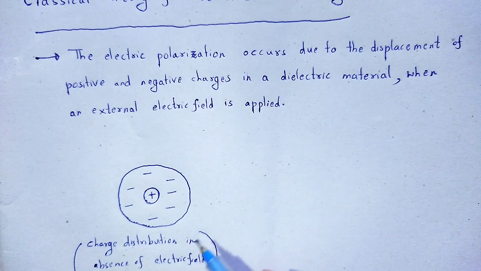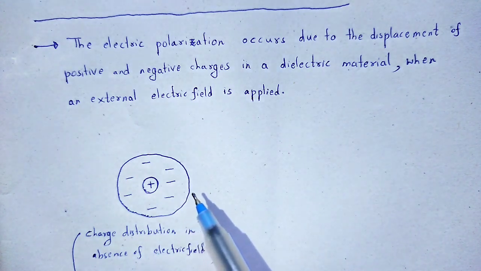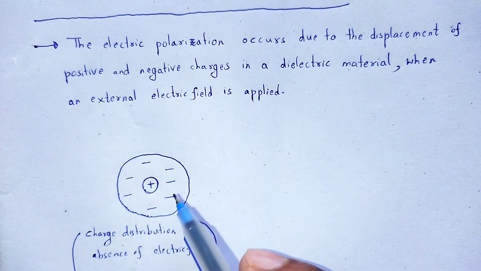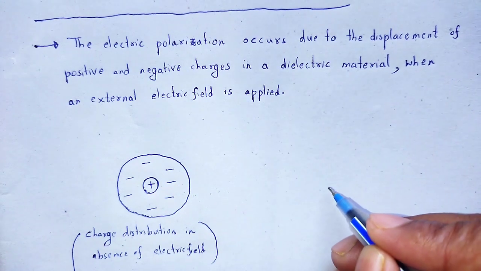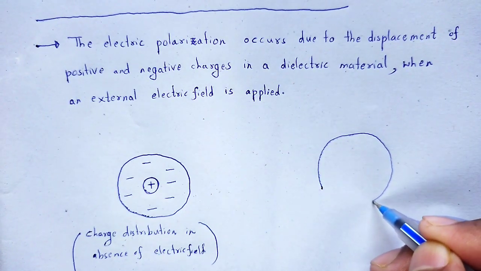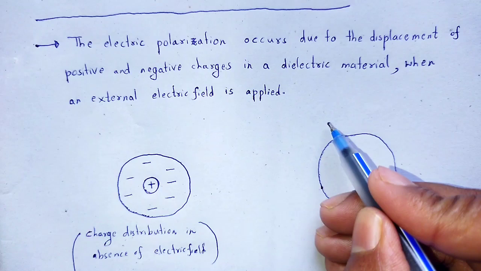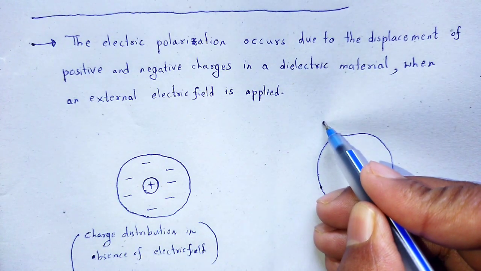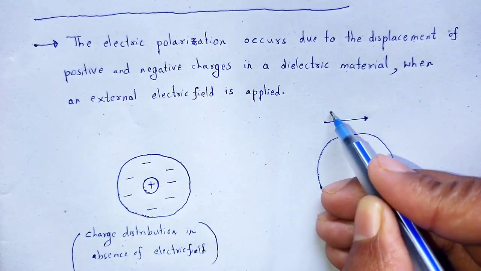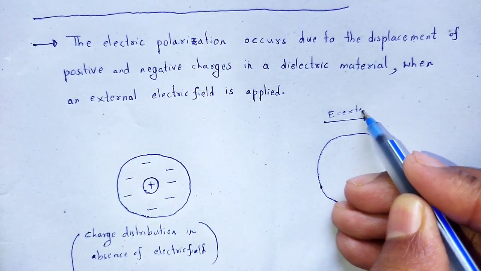But when we apply an external electric field, what will happen to the charge distribution in the atom of that particular dielectric? Let the direction of the external electric field be like this.